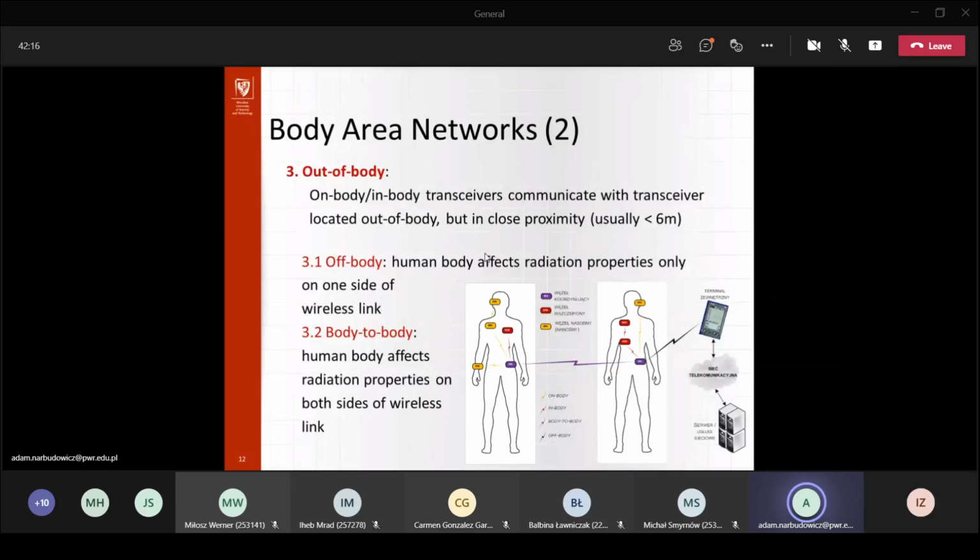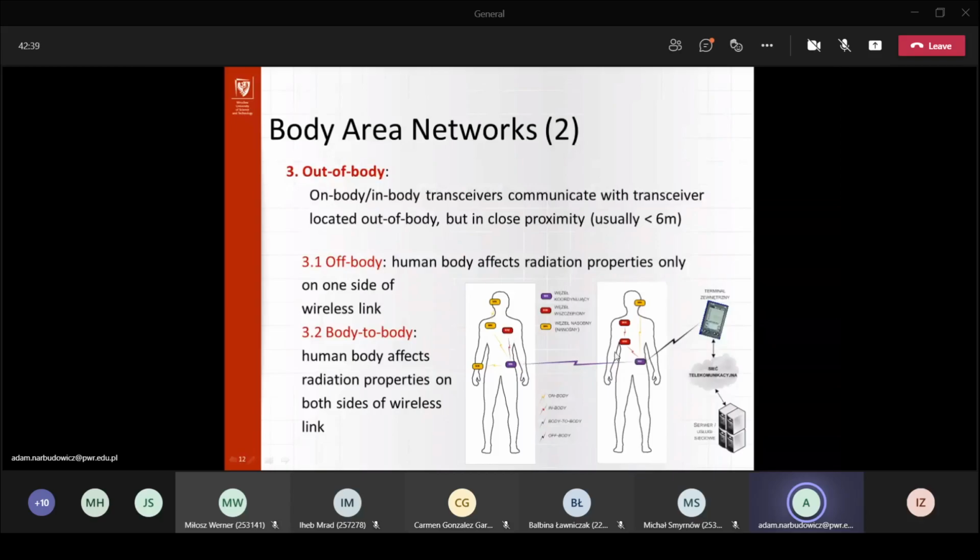We can have off-body communication, where we have one node located on the human communicating with something that is not on the human body, and we can have body-to-body communication.